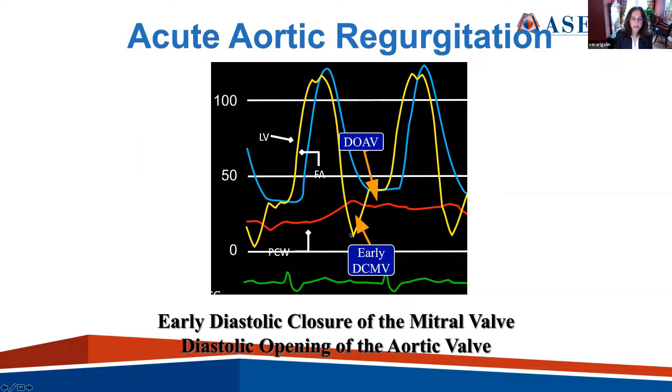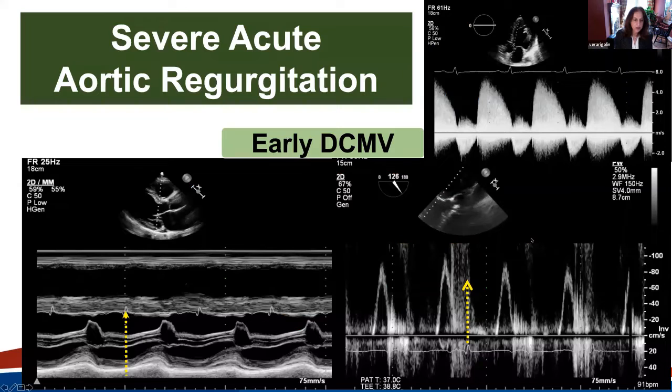And because of a non-compliant, unadapted left ventricle, when the massive amount of blood in diastole goes into that ventricle, there's a very rapid rise in pressure in the left ventricle because, again, it's not adapted to that volume overload. This then results in early closure of the mitral valve and diastolic opening of the aortic valve. And this is what it looks like on the echo.